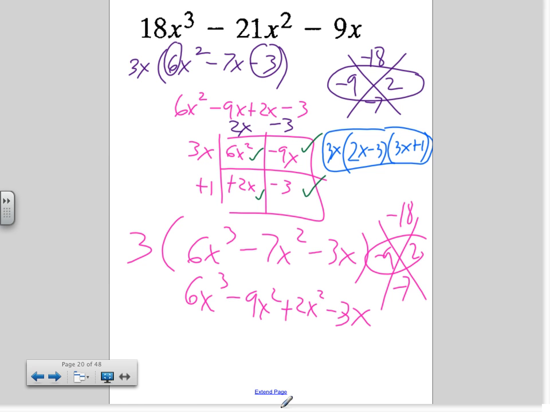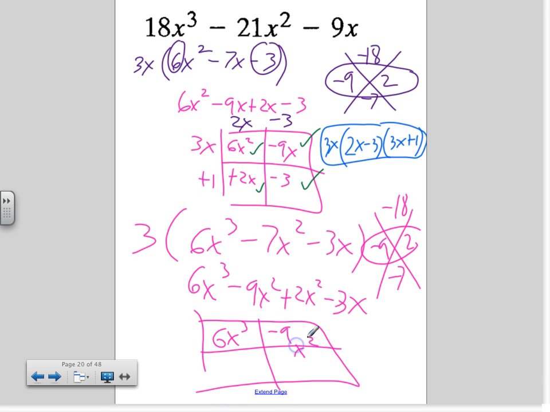And when you put it in that box, you have 6x cubed minus 9x squared plus 2x squared minus 3x. Notice that when you take out 3x squared, not 3x, because of that little x that you did not take out to start with, this here becomes x.